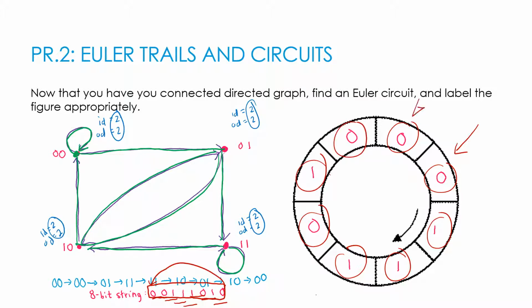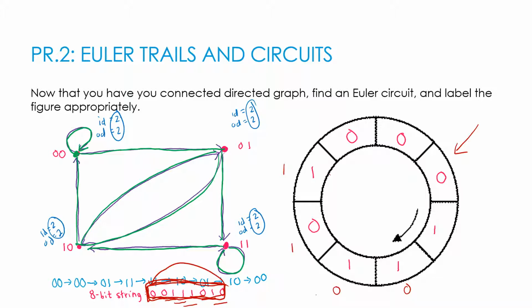But it really doesn't matter where you start, because as long as I'm putting them in this order, obviously this is a circuit that would continue to go forever and ever. So essentially, as long as you find this string, I could have started here and said 0,0,1,1,1,0,1,0, and still been absolutely correct.